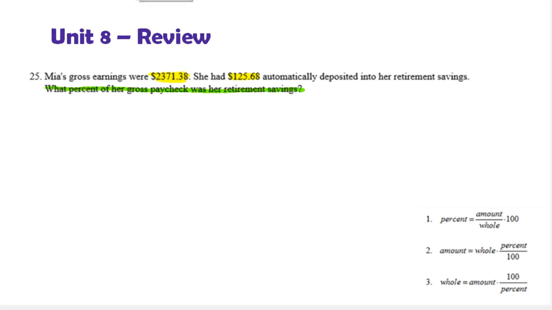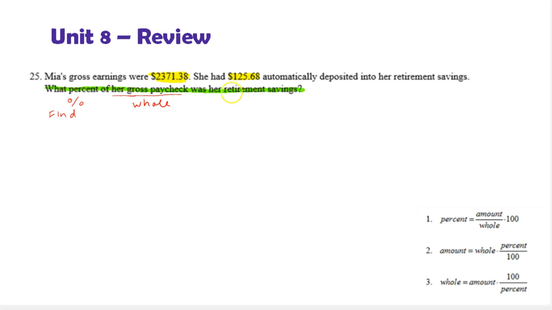Okay, so looking at this last question, notice it says what percent. So this is what we're looking for, since the word what is in front of it. So find the percent. Then it says of her gross paycheck. After the word of, we're going to see the whole.